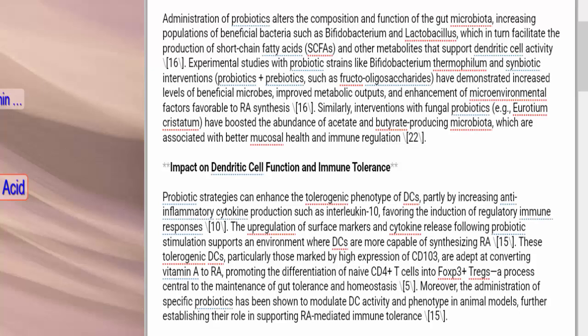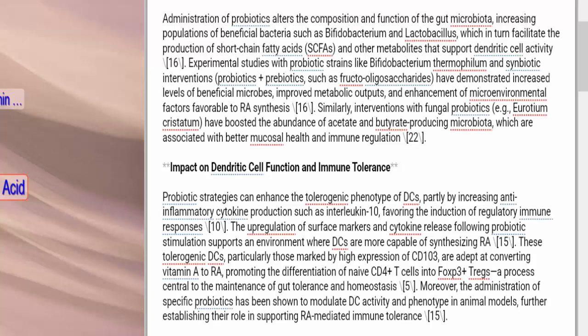Probiotic strains like Bifidobacterium thermophilum and symbiotic interventions, that means probiotics plus prebiotics like fructooligosaccharides, have demonstrated increased levels of beneficial microbes, improved metabolic outputs, and enhancement of microenvironmental factors favorable to retinoic acid synthesis.